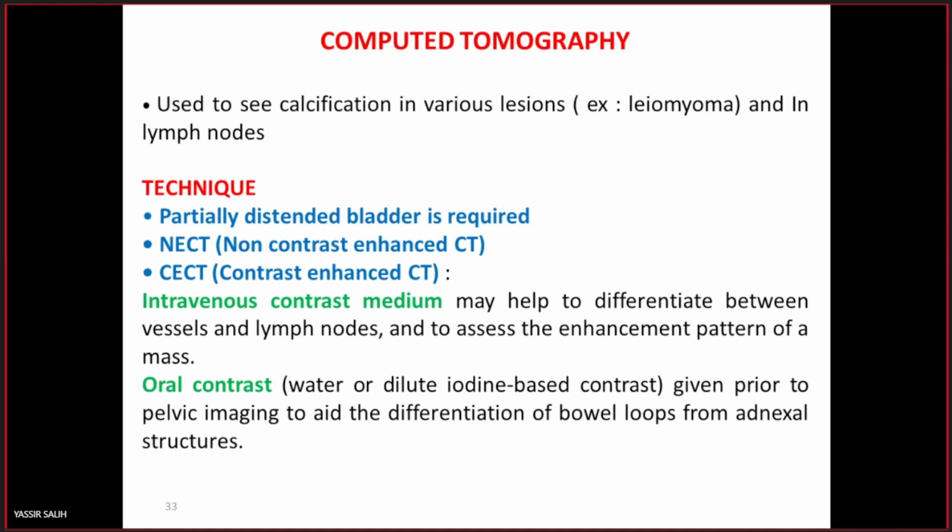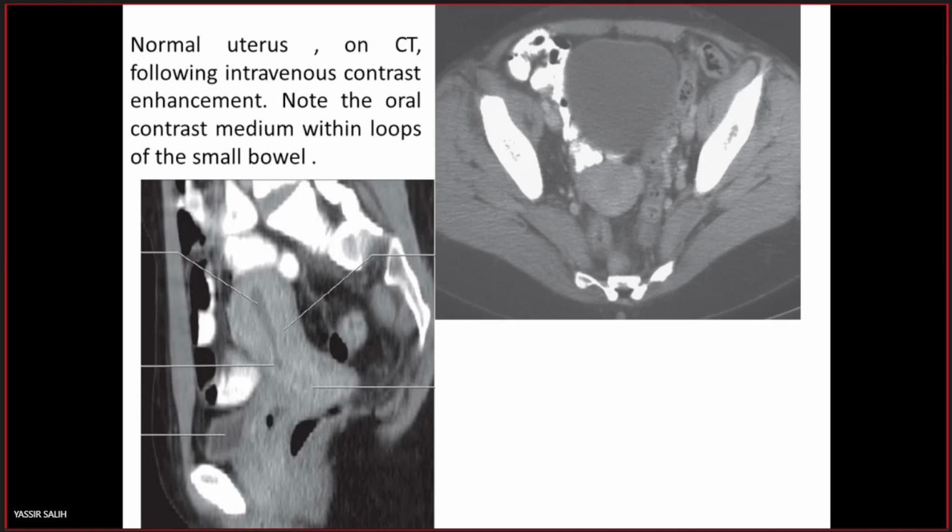You cannot tell whether this is bowel or adnexa. So it is recommended to give the patient oral contrast to opacify the bowel, and this helps us in differentiation of this bowel from the adnexa.